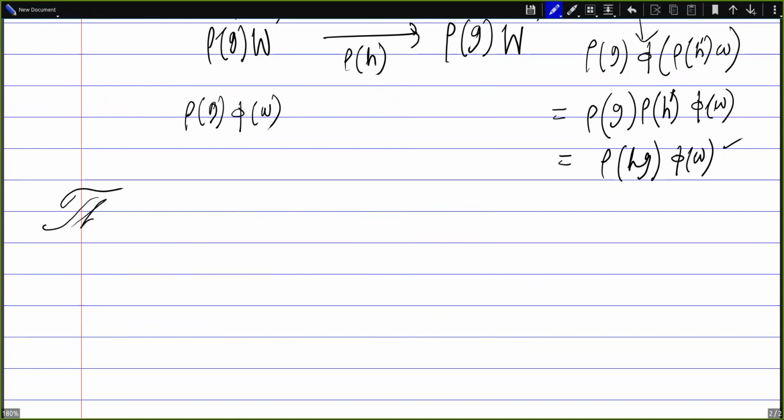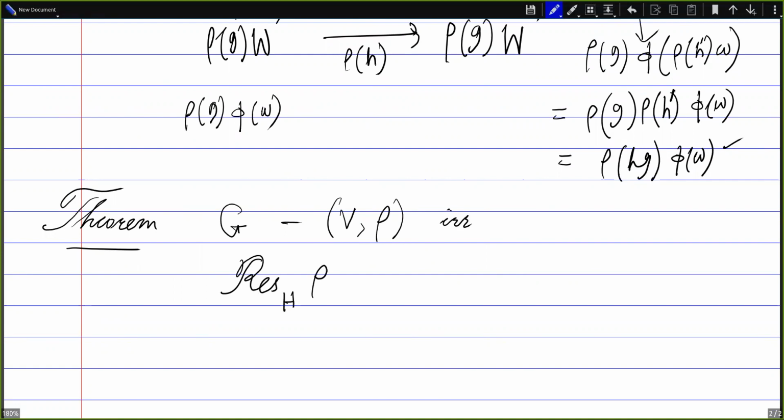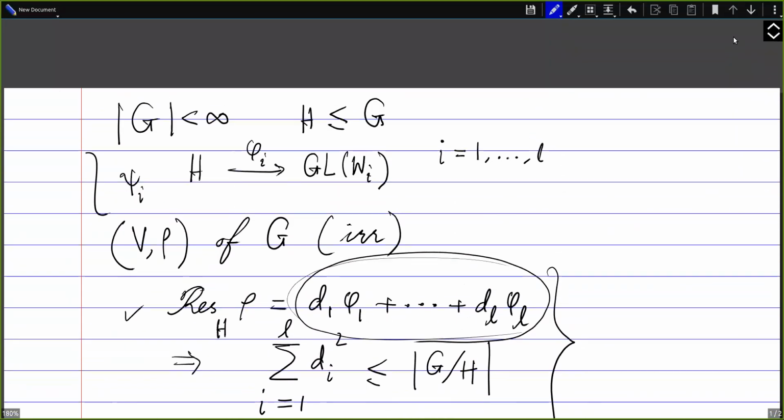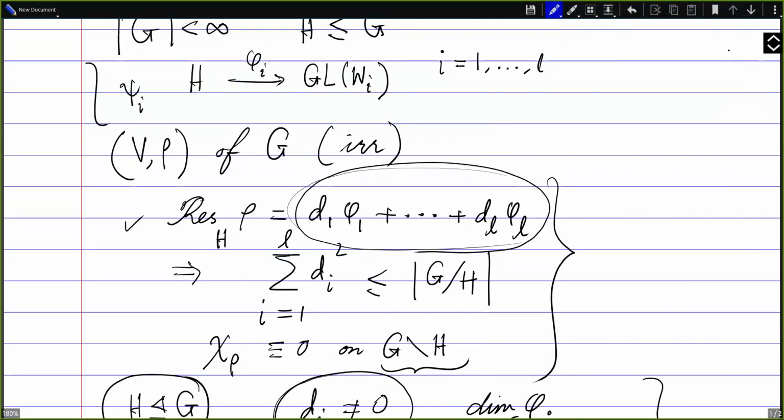As I said, the theorem says that suppose V rho is an irreducible representation of G. We can restrict that representation to H. Once we restrict that to H, then we can write that as the direct sum of the irreducible representations of H, which in the beginning we said we will use throughout these notations.